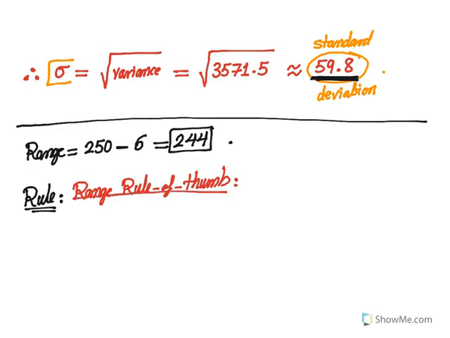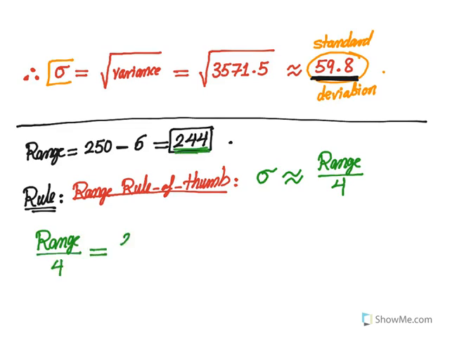It says that the standard deviation is approximately the range divided by 4. Okay? So now, what is the range divided by 4? Let's see. The range is 244, so you take 244 and you divide it by 4. If you do this, you'll get exactly 61.